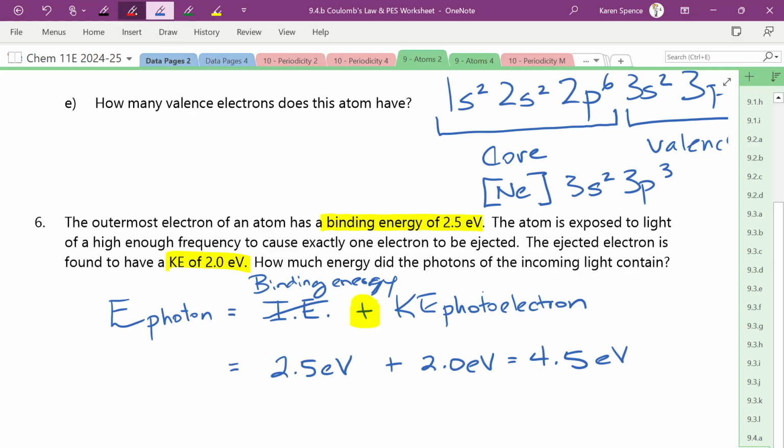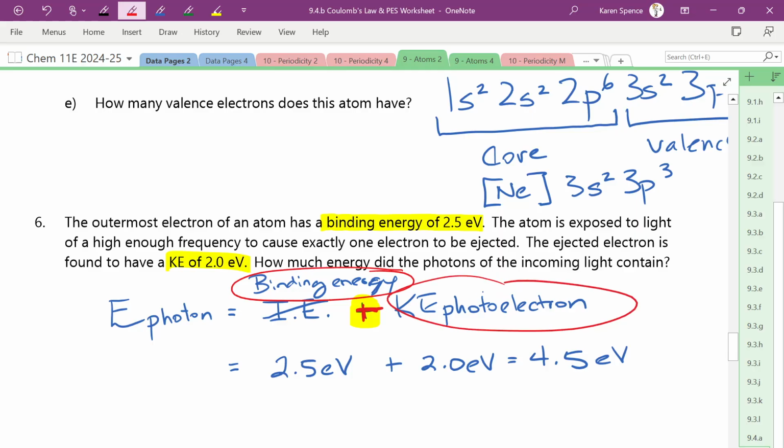We're detaching it and we're making it move. Yeah, binding energy is the same as ionization energy. An eV is an electron volt. It's just a unit of energy.